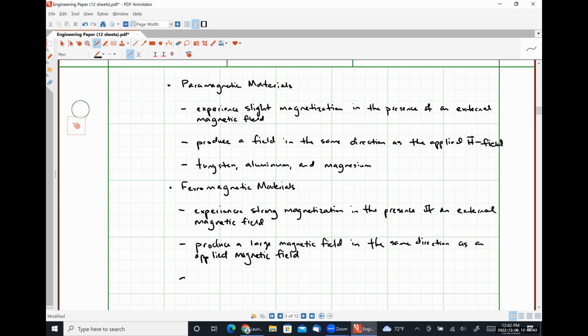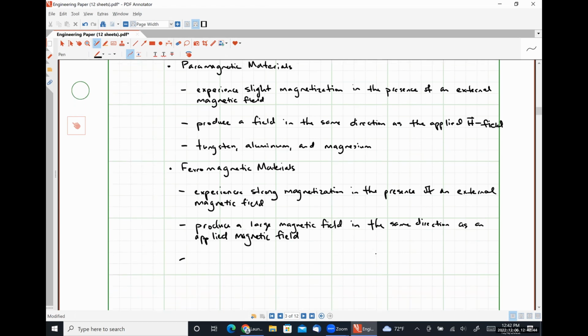Some examples are iron, cobalt, and nickel, and most alloys made of those three metals. Sometimes silicon gets thrown in there as well. Okay.